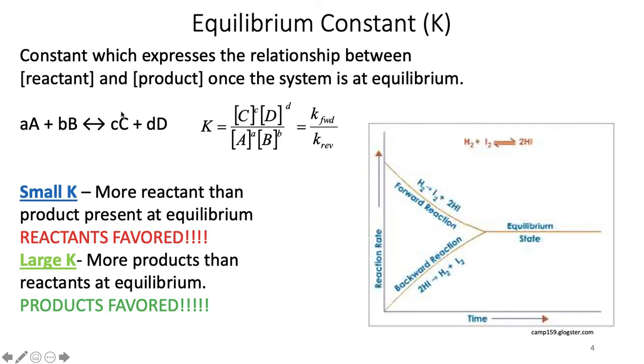I don't know if that will help, but I have the concentration of my first product raised to its molar coefficient times the concentration of my second product raised to its molar coefficient, divided by the product of the respective reactants raised to their molar coefficients. This is also equal to the rate of the forward reaction, the little k, divided by the rate of the reverse reaction. The rate is the speed: the speed by which the forward reaction proceeds over the speed by which the reverse reaction proceeds.